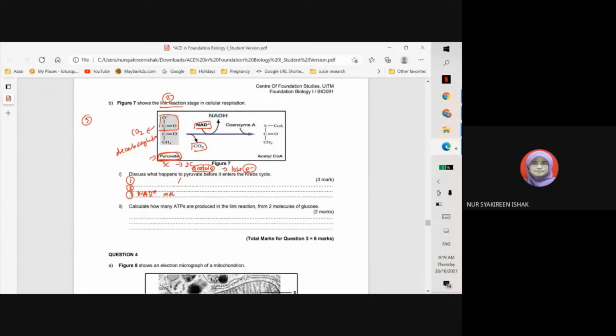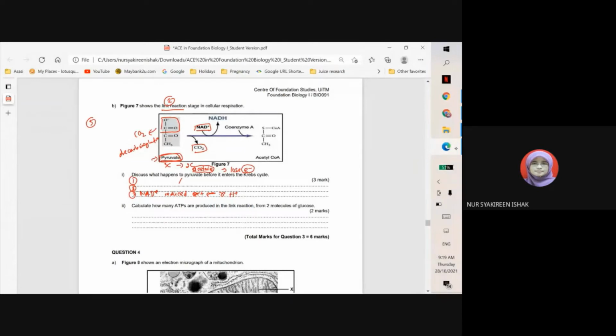So that is for the next point that you can write. NAD plus will be reduced by receiving the electrons, and also hydrogen ions. So it means that the NAD plus receives the electrons and also hydrogen ion to form NADH.